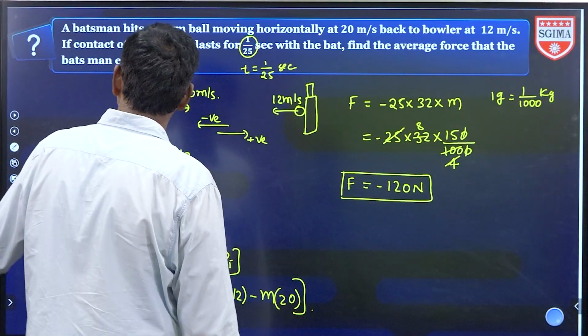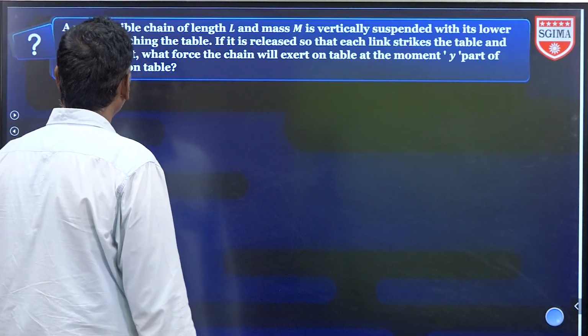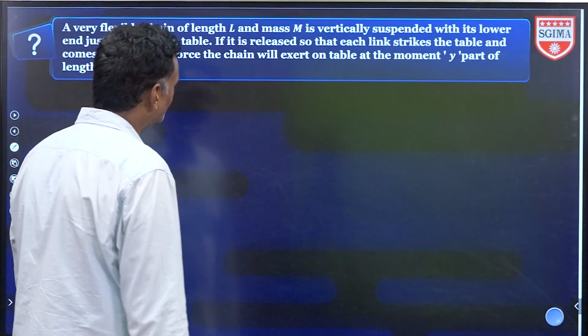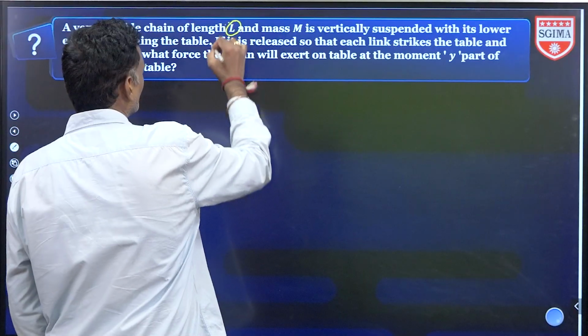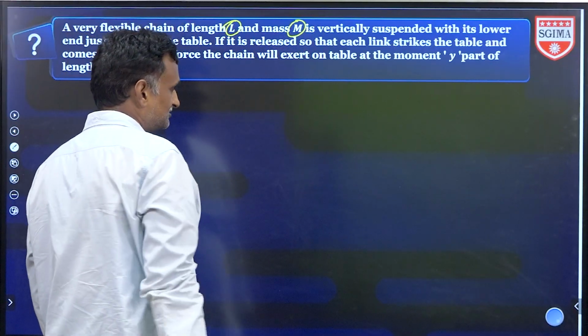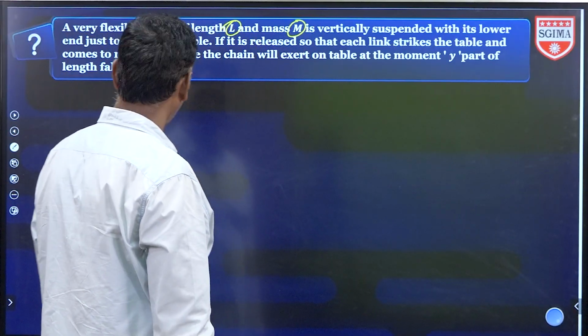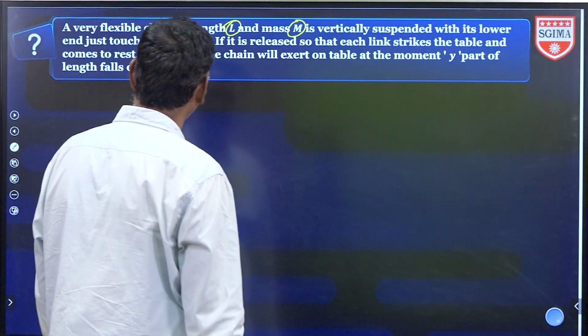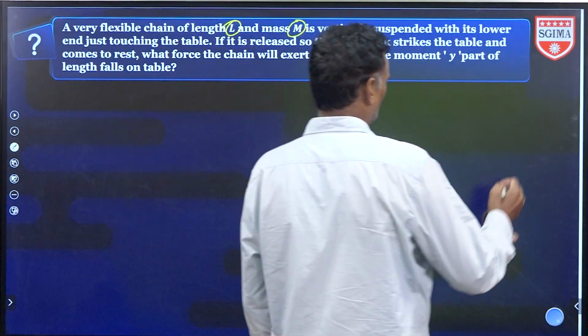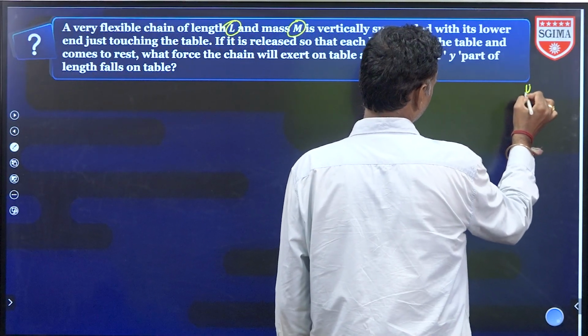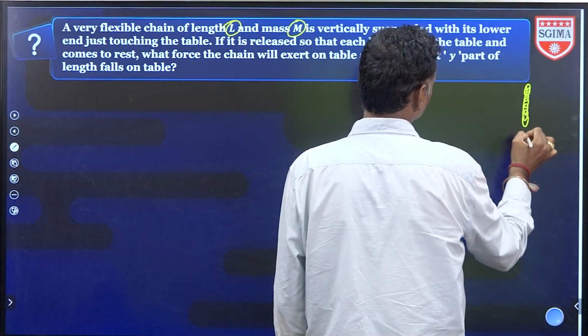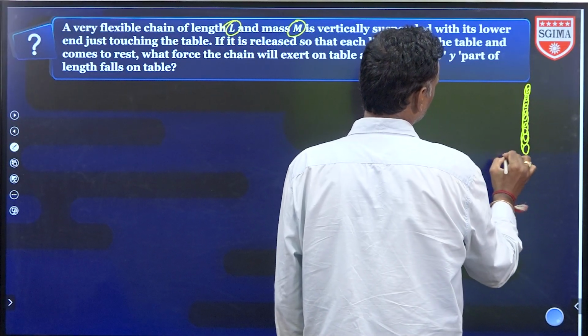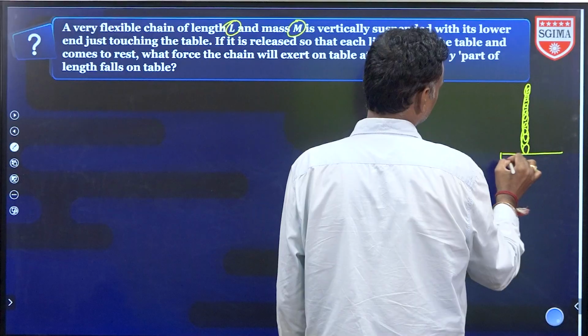Okay, na? So next: a very flexible chain of length L and mass m is vertically suspended with its lower end just touching the table. Like this situation. So here it is the table, suppose.